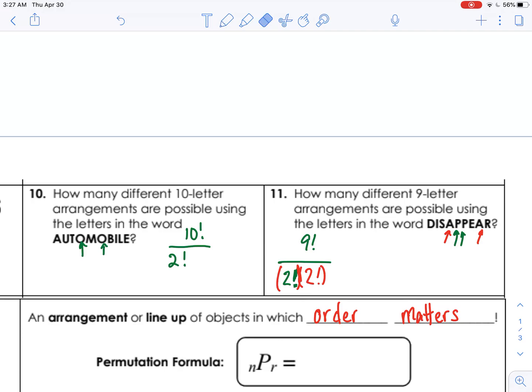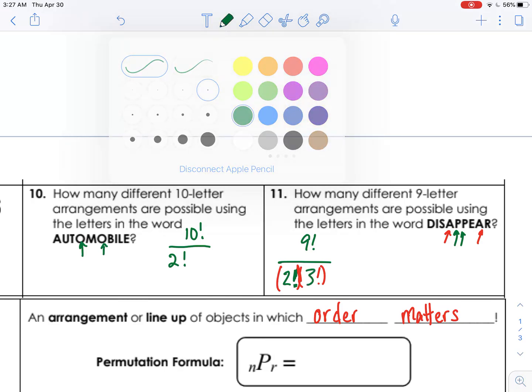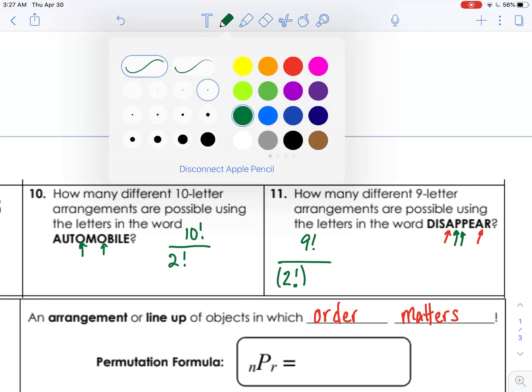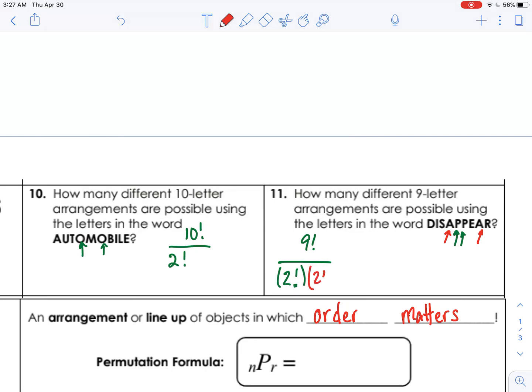And if, let's say I had a letter repeated 3 times, then it would be 3 factorial. If that letter is repeated 4 times, then I'd put 4 factorial. But in this case, it's just repeated twice, each one.